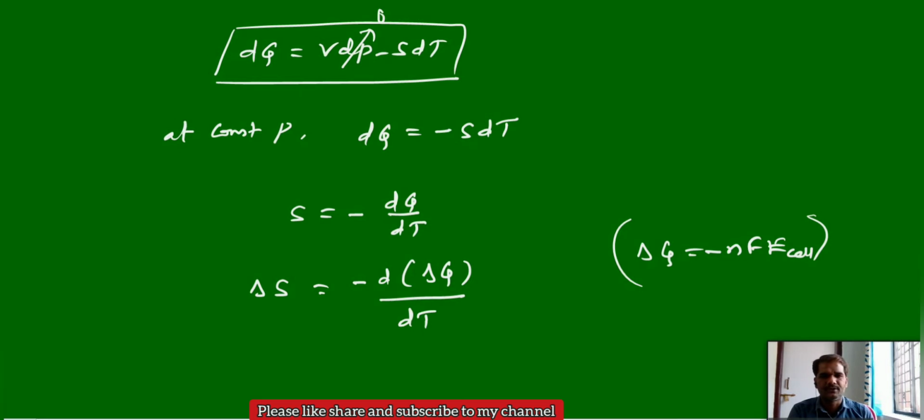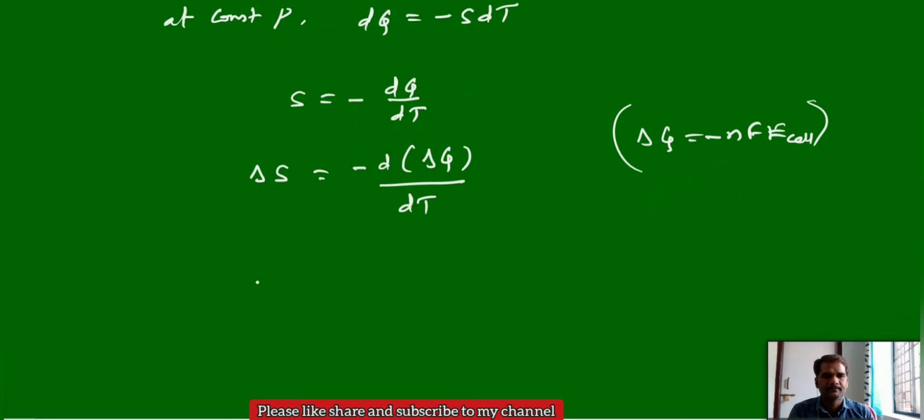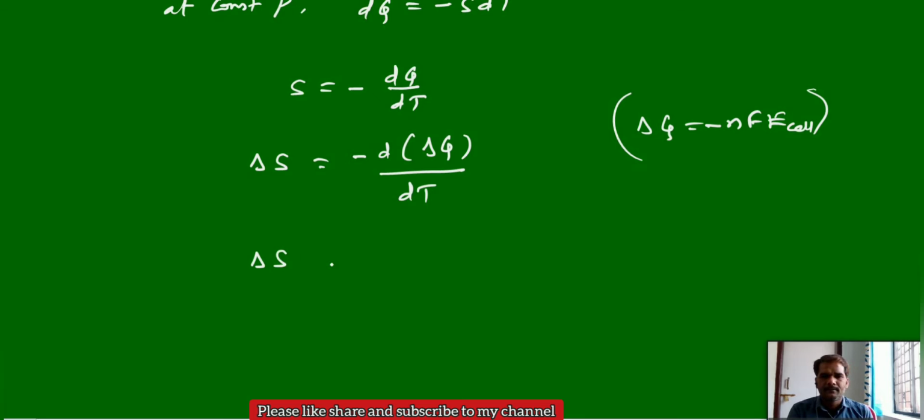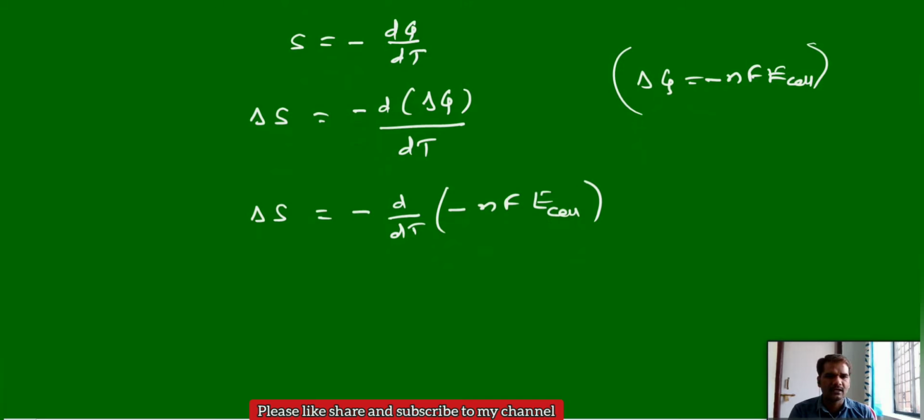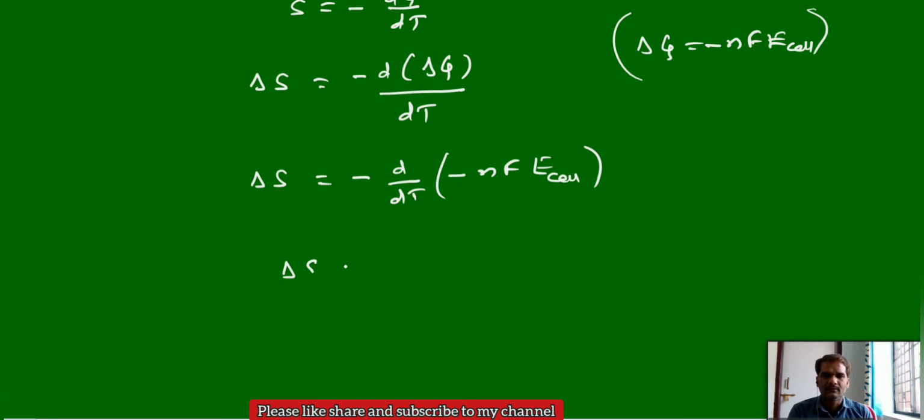This value you can substitute here. Delta S is equals to minus of d by dT of minus nF E cell. Anyhow, n is the number of moles and Faraday, these two are constant values, then you can bring them out. Minus into minus plus nF, this is dE cell by dT.